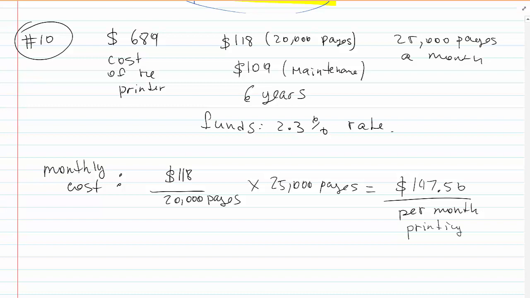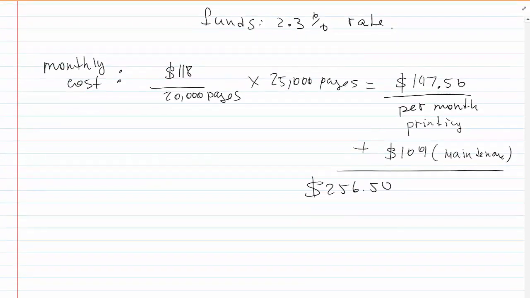Printing. All right. Then we got maintenance. So plus 109. And that's it, right? That's the only expense. So let's hit it with plus 109. So it's going to be 256.50 per month.